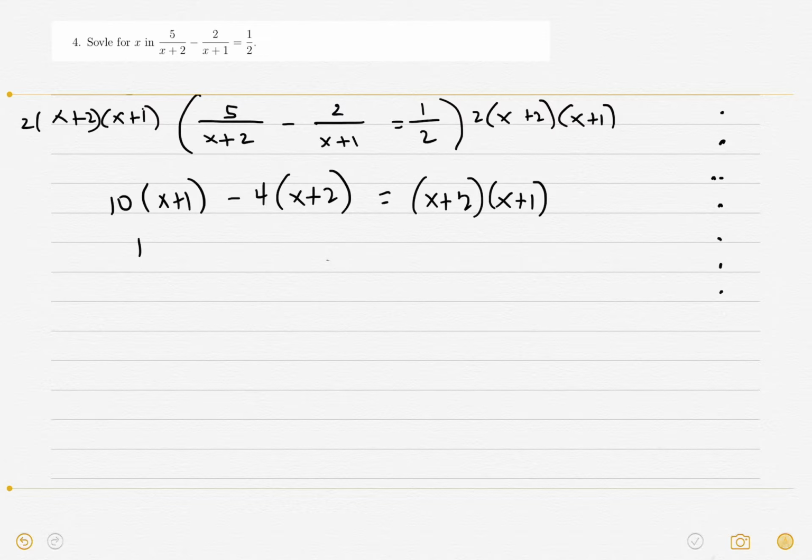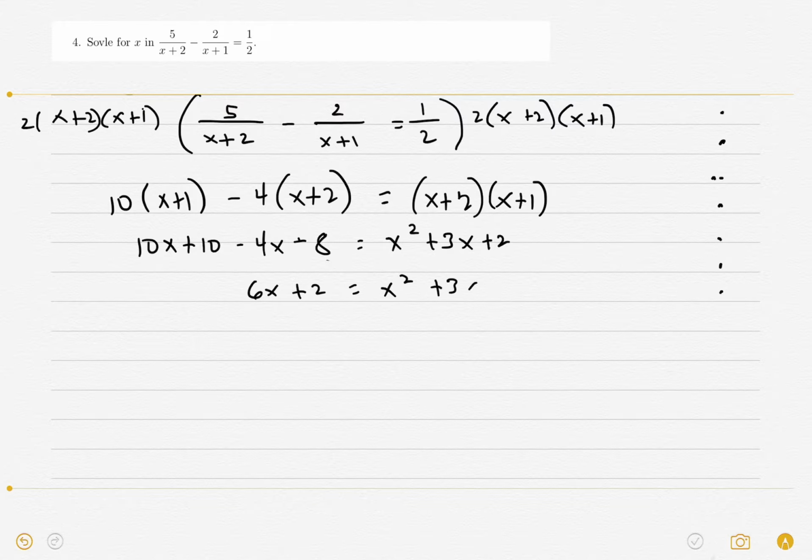It will give you 10x plus 10 minus 4x minus 8 is equal to x squared plus 3x plus 2. So, mapapansin nyo, nag-form na tayo ng ating quadratic equation. Simplify lang natin yung ating equation. It will give you 6x plus 2 is equal to x squared plus 3x plus 2.